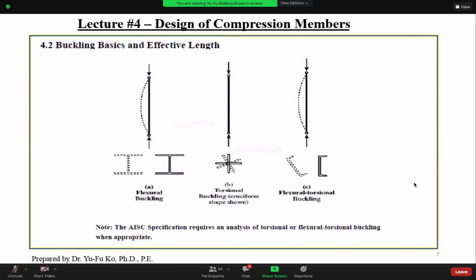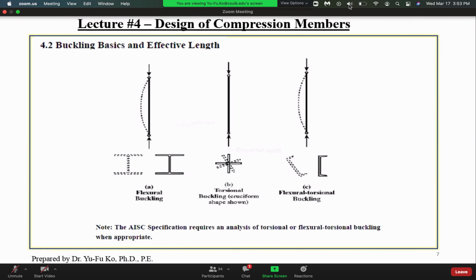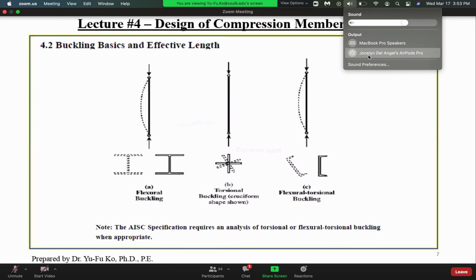So you need to prevent this buckling mode. If you are at home, you can grab a piece of paper, or a long ruler, and do an experiment. If you try to compress that long ruler, you will see the ruler will buckle like this.